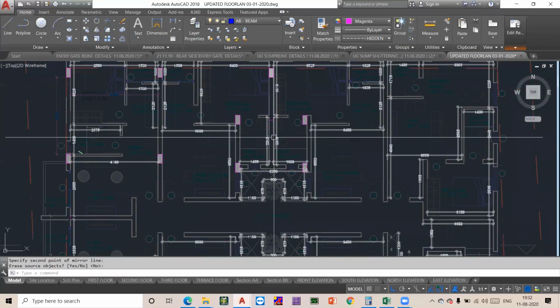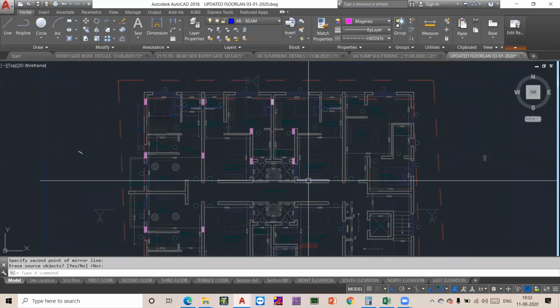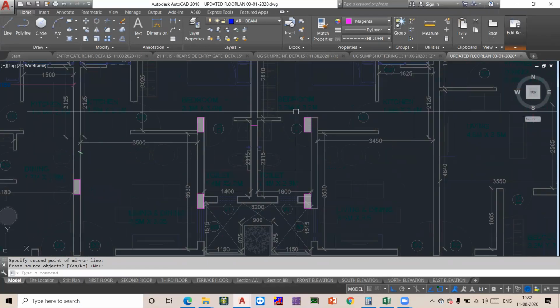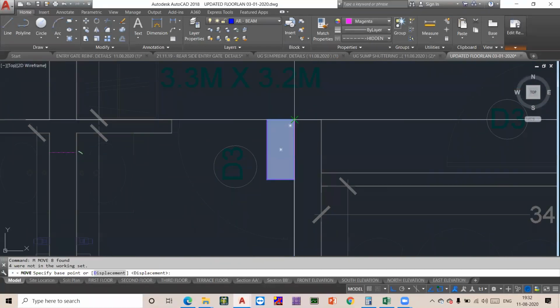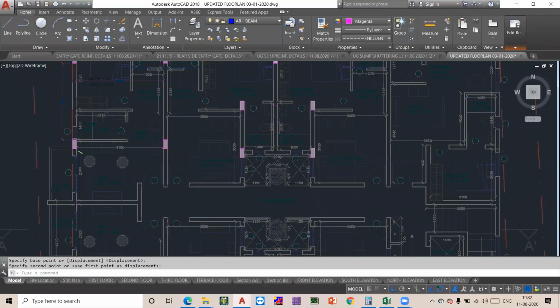Okay, the wall units are not exactly mirrored, hence we can just move it a bit. That won't be an issue.